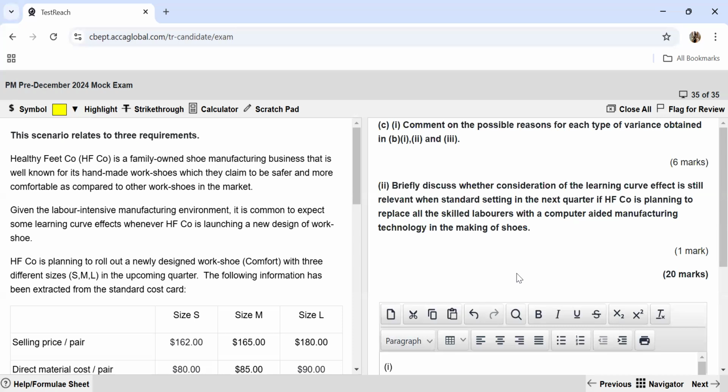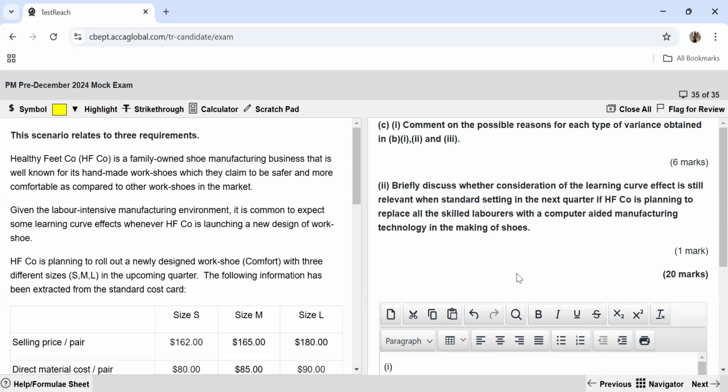So if something like this is introduced, the role of direct labor will not be as crucial, will not be as important, and the machine is going to be of more importance. So if you have the absence of labor, it is unlikely that there will be any learning curve effect in this process. So it is more relevant that any new overhead components could arise with the new technology.